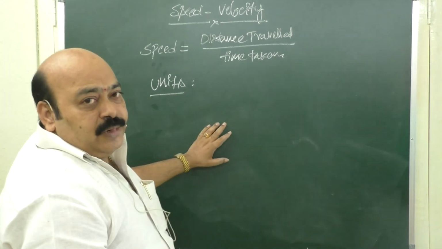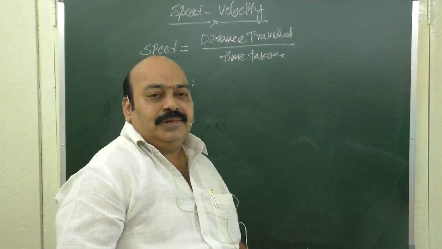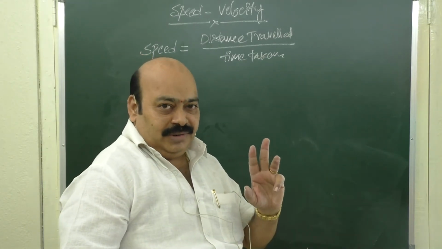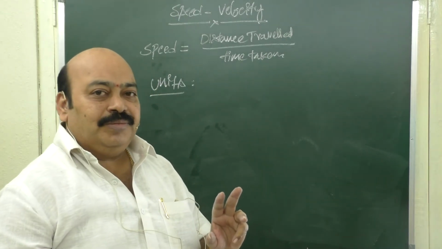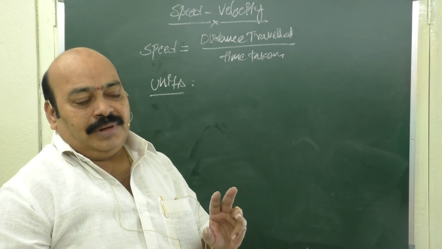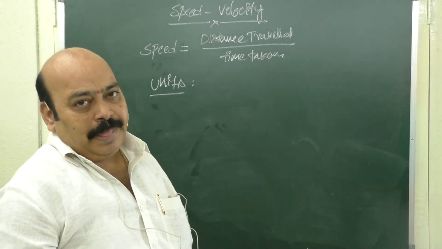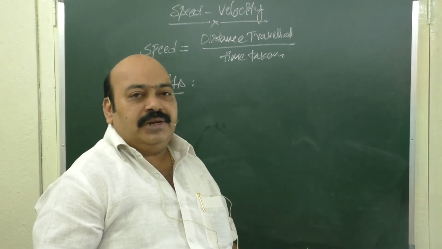You know, 2 units are in practice. How many types of units are there? Totally there are 3 types of systems of units: CGS unit, FPS unit, MKS unit. FPS is also called the British unit, which is not in use now.